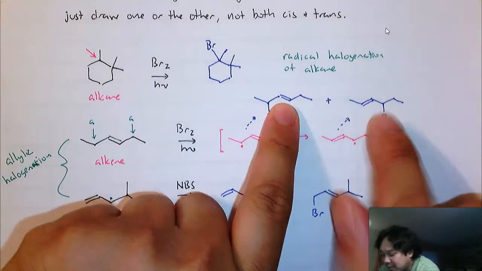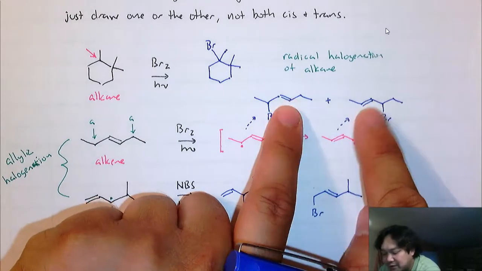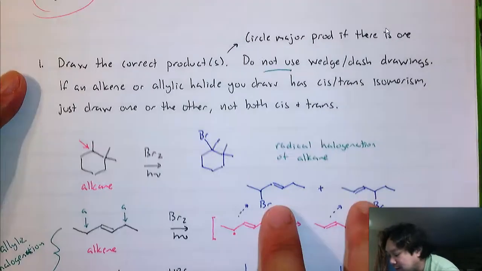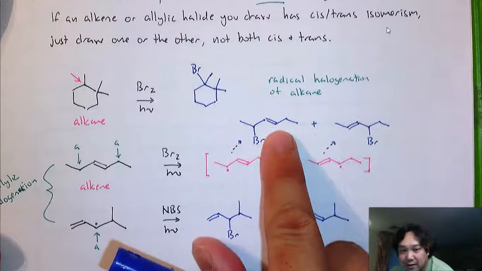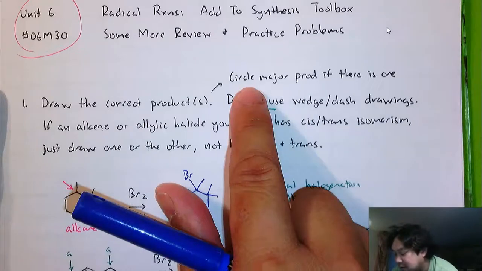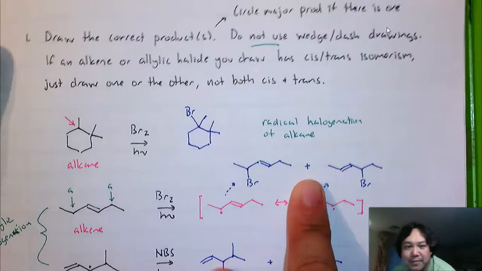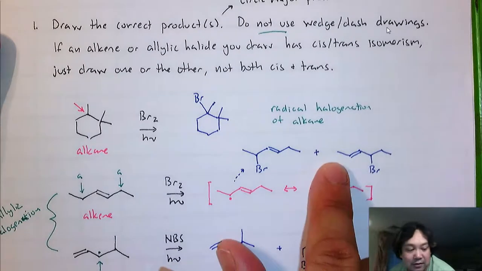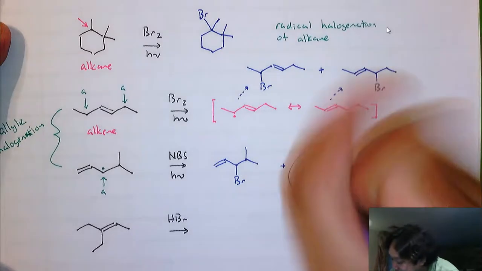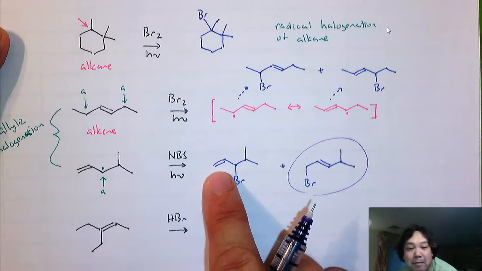Since both double bonds are di-substituted, it's okay not to circle a major product, because with the rules that I've given my students, there's no way to decide which one is the major product, because they're both di-substituted. So here it says circle major product if there is one. So it's okay not to circle, and I would expect none of these two to be circled, but this one, the alkene is di-substituted versus mono-substituted.